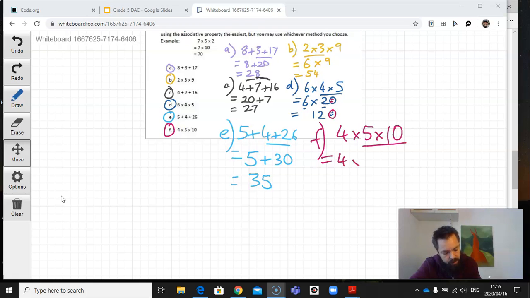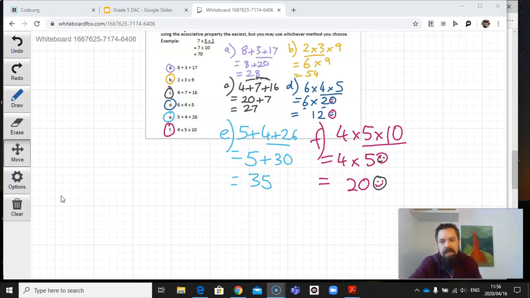So 4 times 50, because 5 times 10 is 50, that's a nice easy one. I can use the fact that my 0 is on the end there, I drop him straight down, and instead of doing 4 times 50, I now do 4 times 5, which is 20, and my answer is then 200.